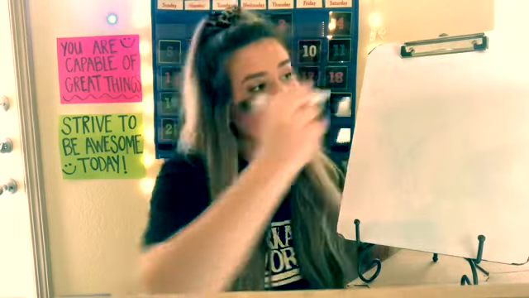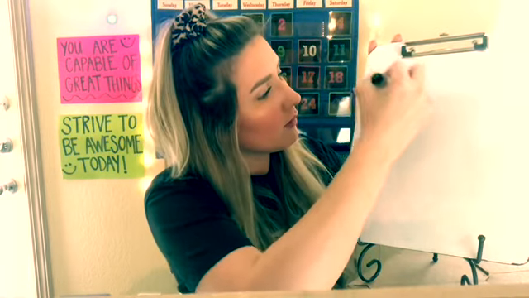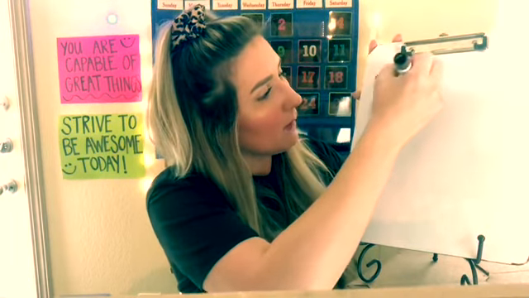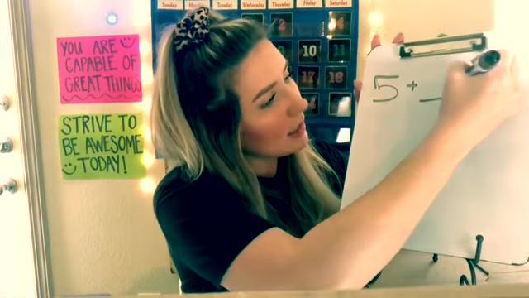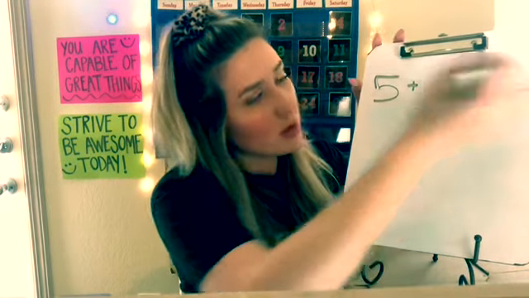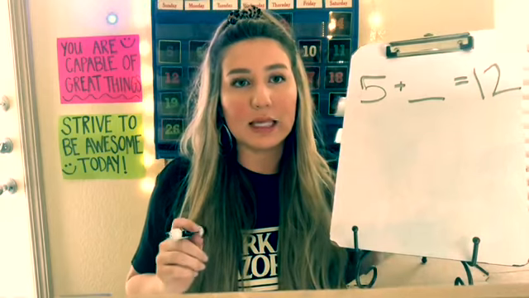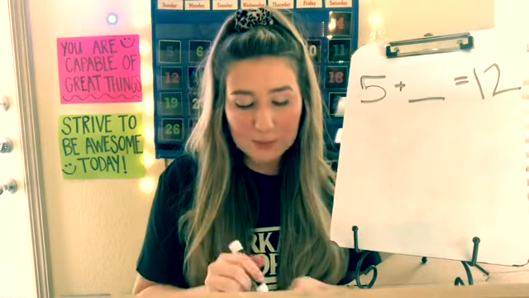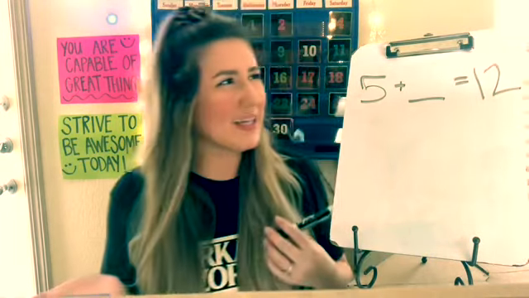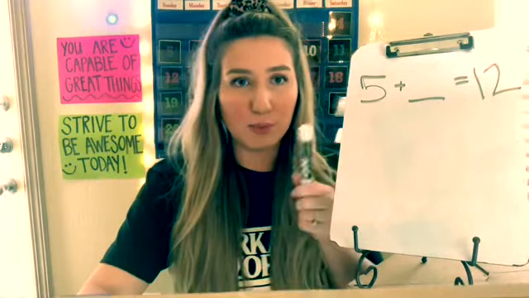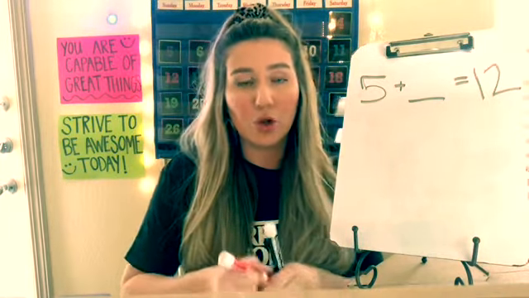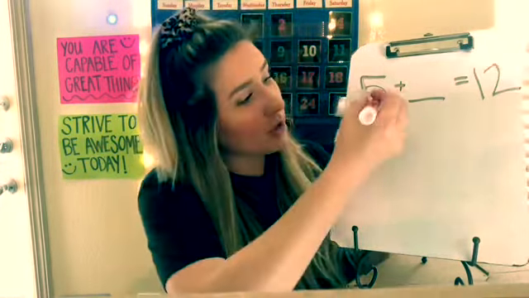It was 5 plus blank equals 12. Okay, 5 plus blank equals 12. So on this problem, what do we know? What do we already know by looking at this problem? We know what our start is, right?